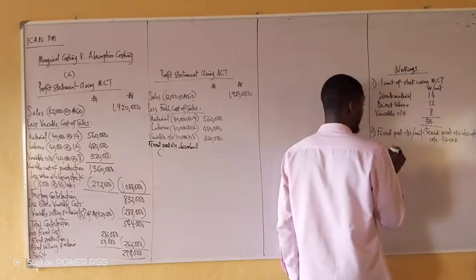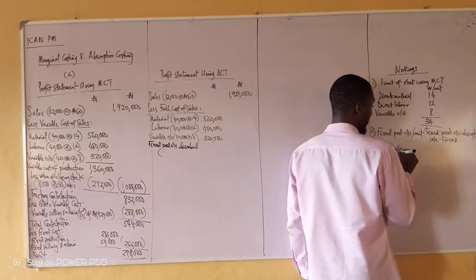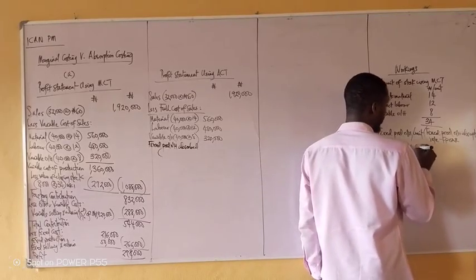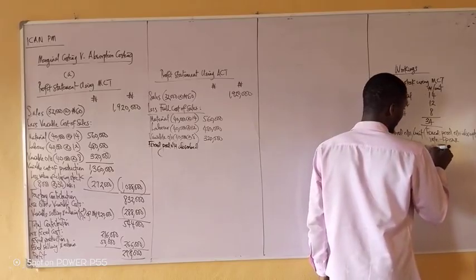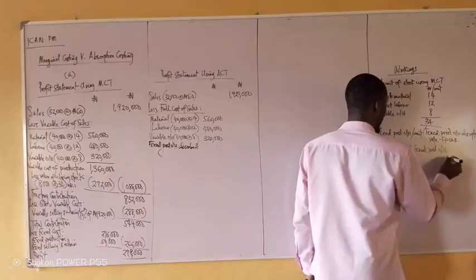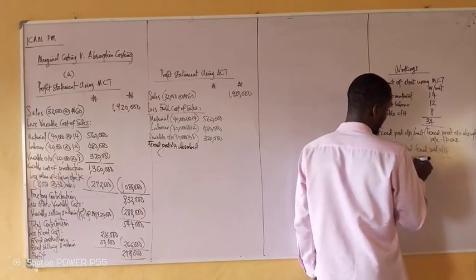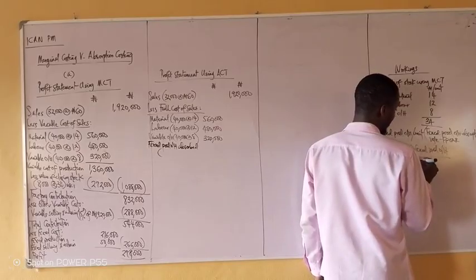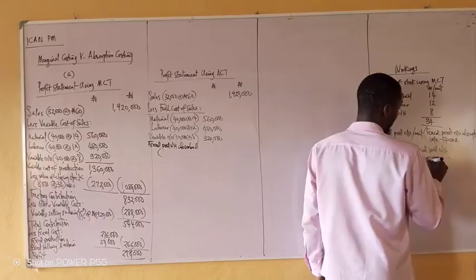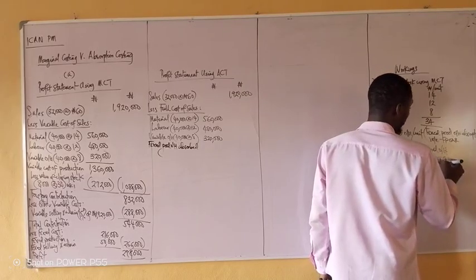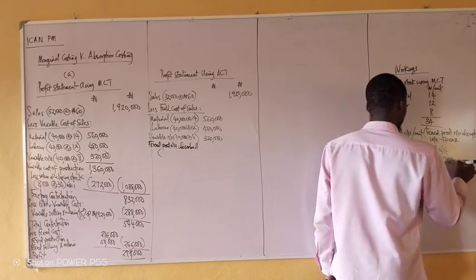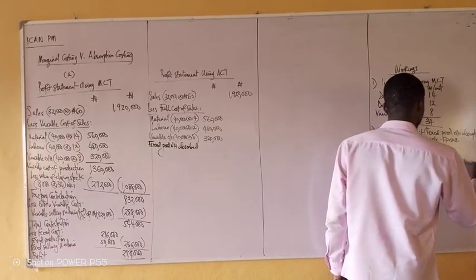So this is simply the budgeted fixed production overhead over the budgeted activity level, or units. In this case, it is units produced.